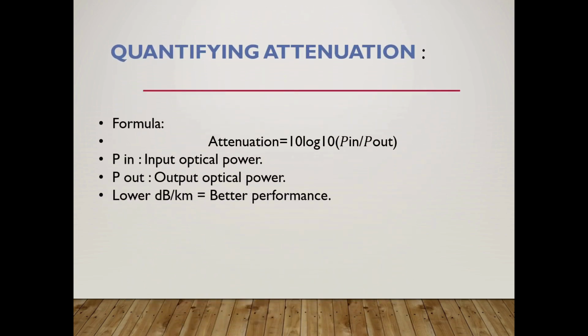We can quantify attenuation using the formula A equal to 10 times log to the base 10 of P in divided by P out, where P in is the input optical power and P out is the output optical power, and the unit of this is decibels per kilometer.